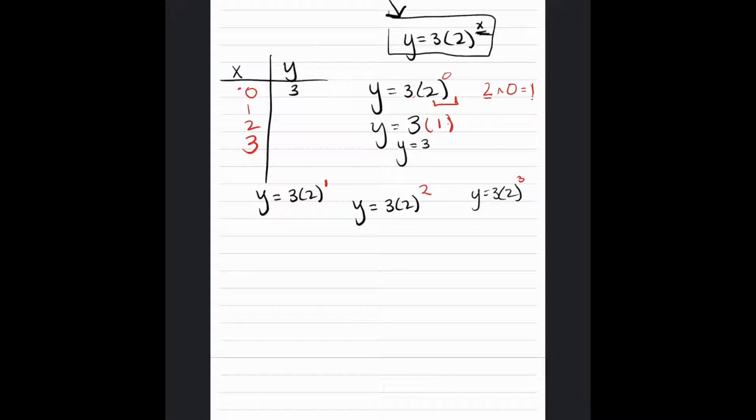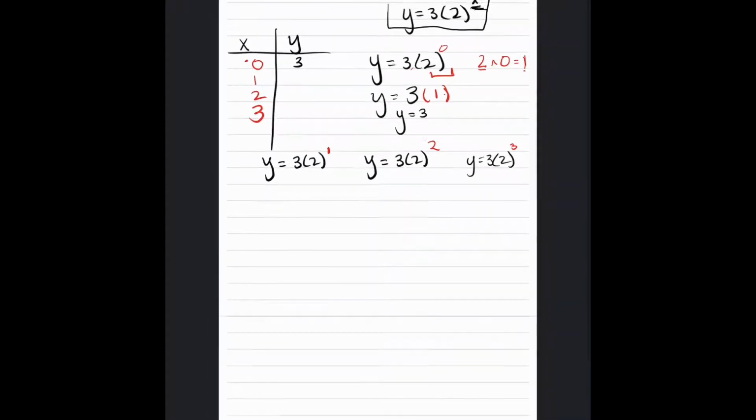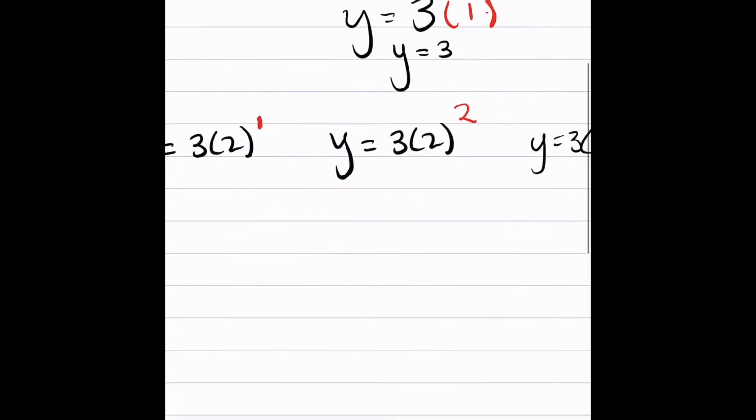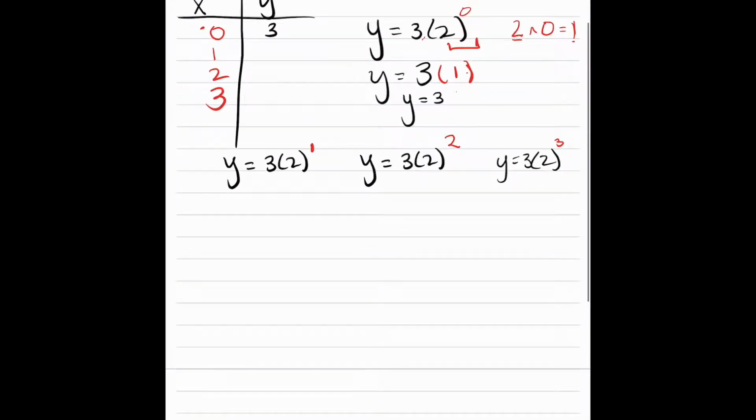Okay, we have the equation, and we already found to the 0 power. Now we just have to do the first, second, and third power. So we're doing 2 to the first.